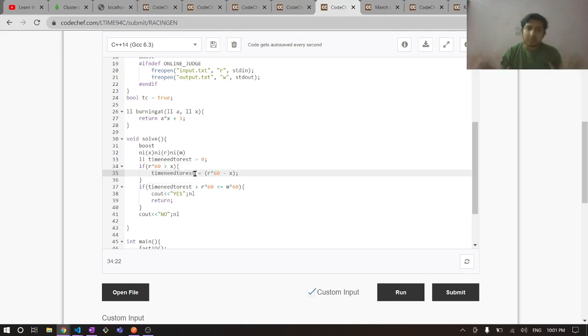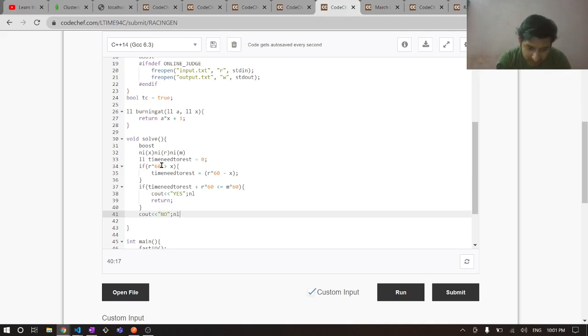So this is the time required to take rest. If time needed to take rest plus time needed to run is less than or equal to the time allotted to complete the race, then print yes, next line and return. Otherwise print no. Simple. Let me rewind again.